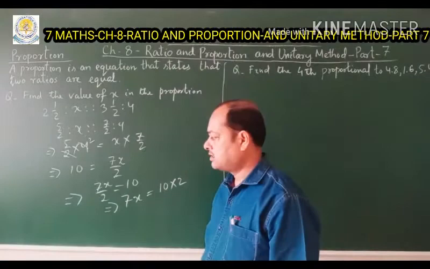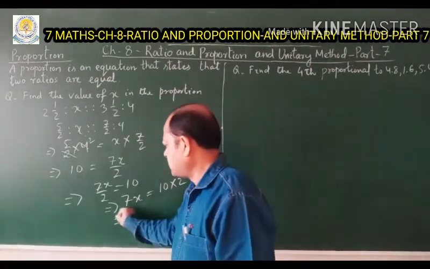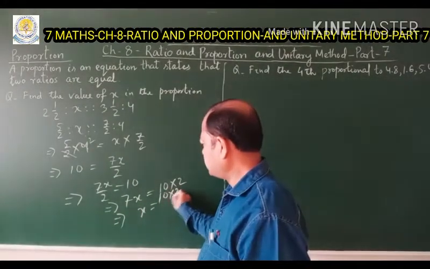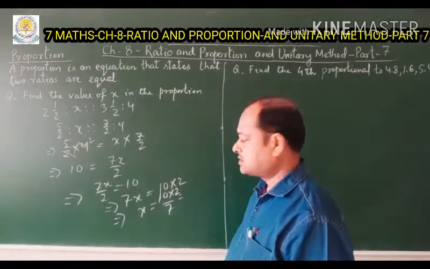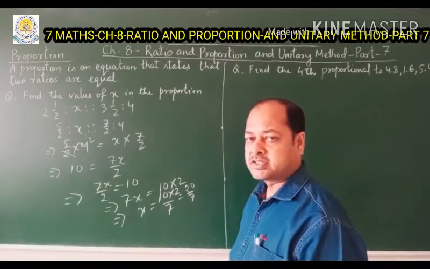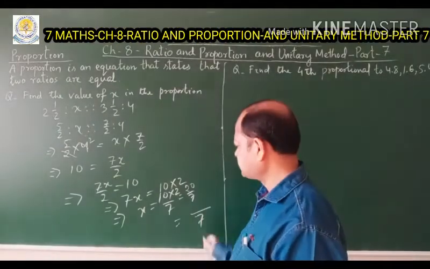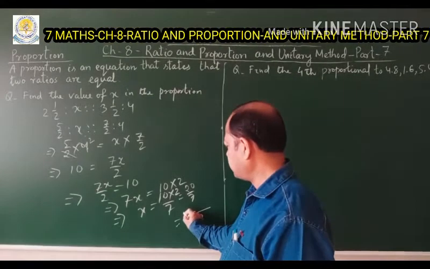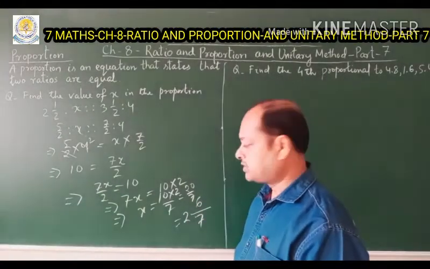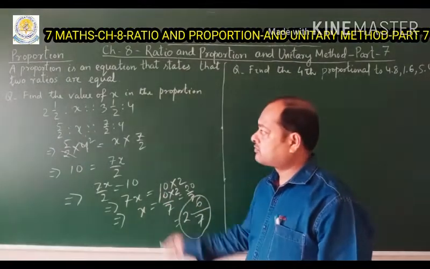Just cross multiply using the inverse operation, transposition, or x equal to 10 into 2 upon 7, that is 20 by 7. It is an improper fraction, make it a mixed fraction. You can convert to a mixed fraction as 7 2s are 14, 14 plus 6 is 20. So 2 whole 6 by 7 is the solution of x from this proportion.